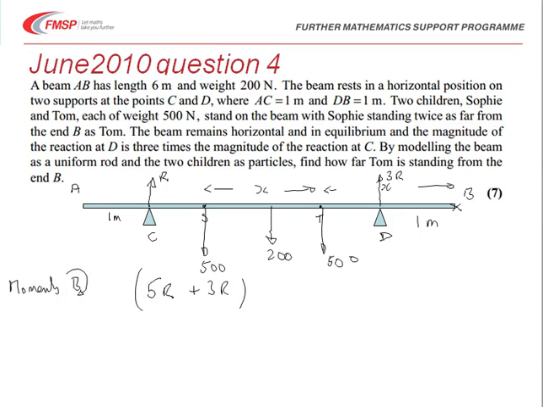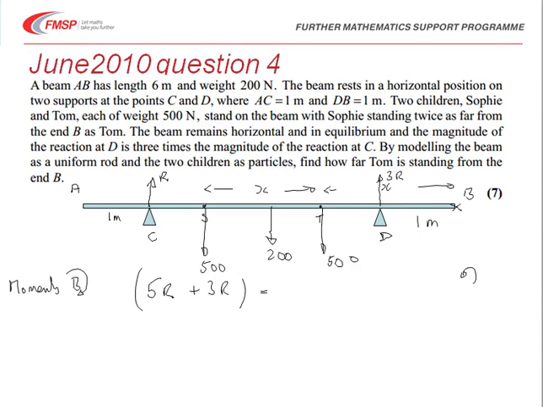That's the clockwise moments, and on the other side I'm going to look at the anti-clockwise moments about point B. And now we've got the 3 weights, the weight of the children and the weight of the beam itself.